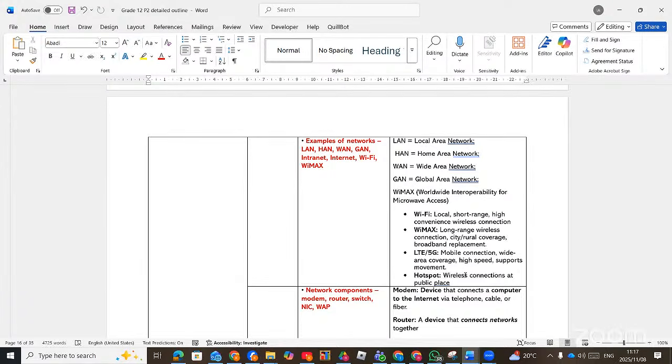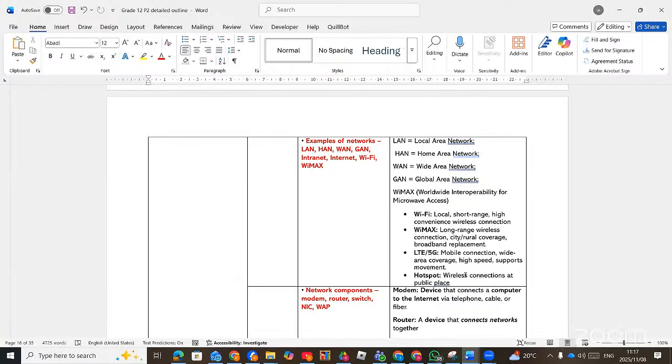That is WiMAX, which is a long-range, or you can say maximum or long-distance, wireless connection, which we normally find in cities or rural areas where broadband is not available. For instance, if you go to certain places, towns, there is no broadband, ADSL and SDSL.